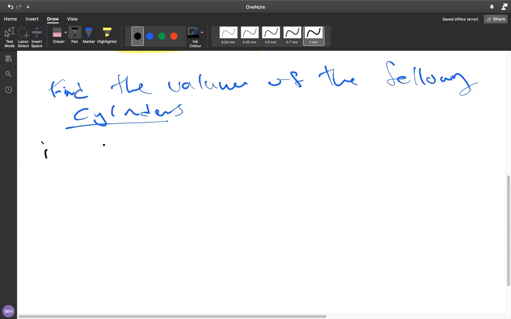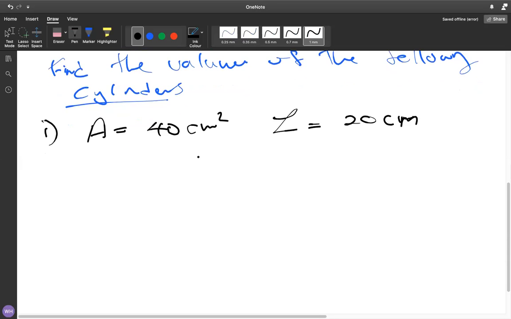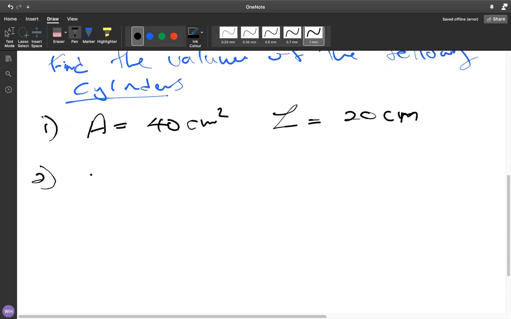First one, cross-sectional area equals 40 square centimeters and length equals 20 centimeters. Second one, radius equals 14 centimeters and height equals 12 centimeters.